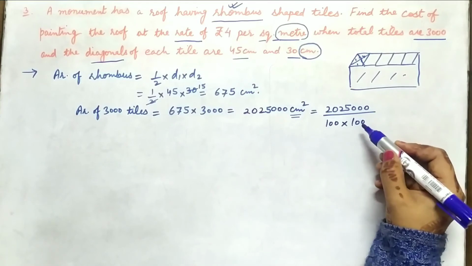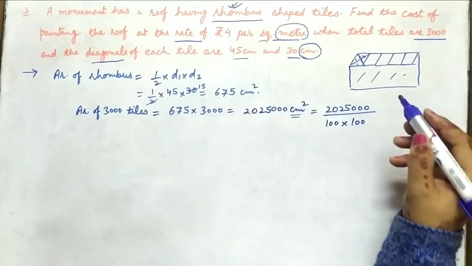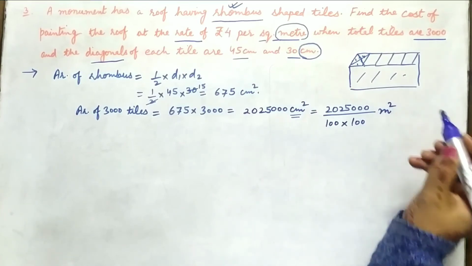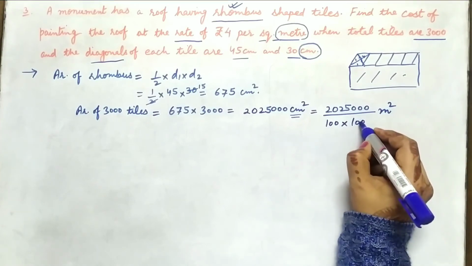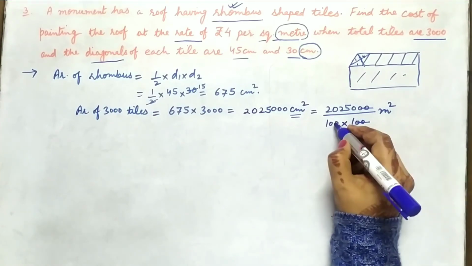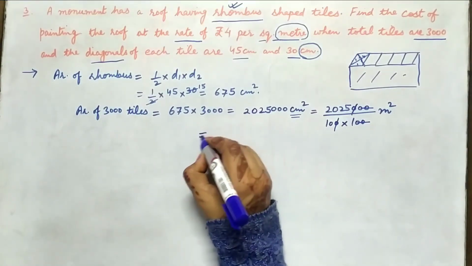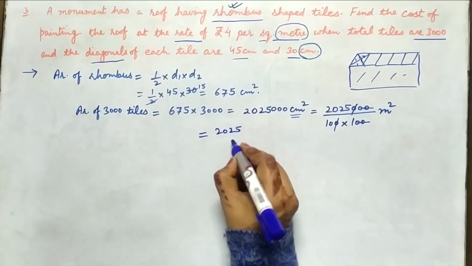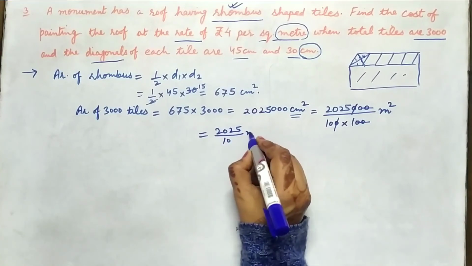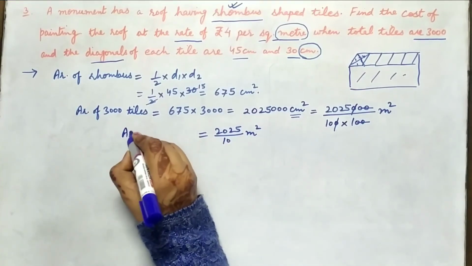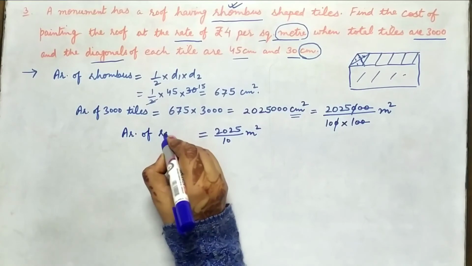Centimeter square, 1 more 100. Now it is in the meter square. The cancellation work, we can do it later also. So we will take this much, 2025 upon 10 meter square. This is the area of roof.